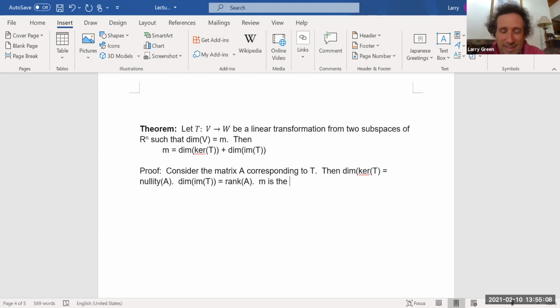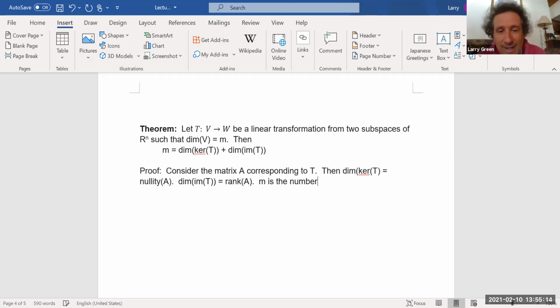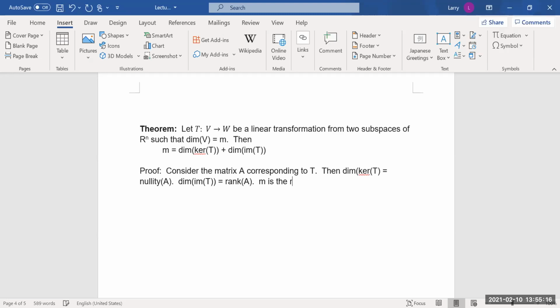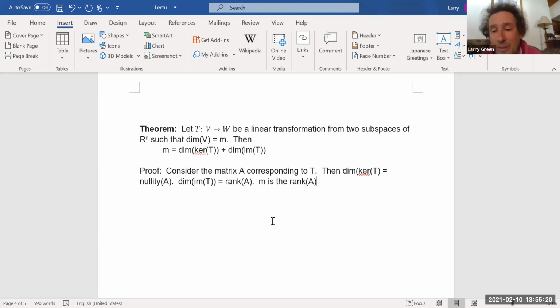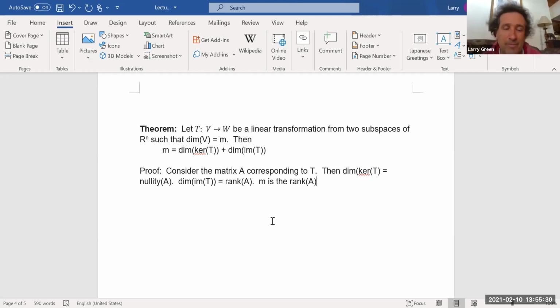It's not a space, right? The number of pivots. In particular, it is the rank of A, which is the rank of the column space of A. Do you remember that? Or the rank of the row space, whichever one, because they're both the same. So M is the rank of A, and why are we done?